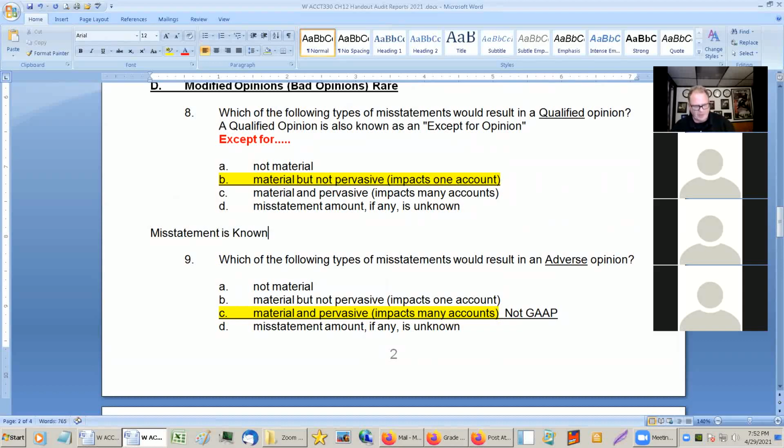So, the dollar amounts. The amount of misstatement is known for both of these.